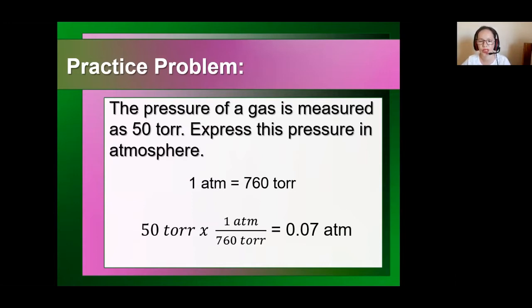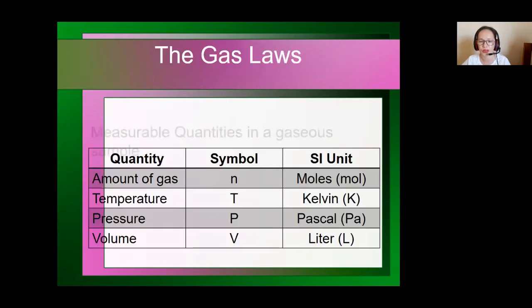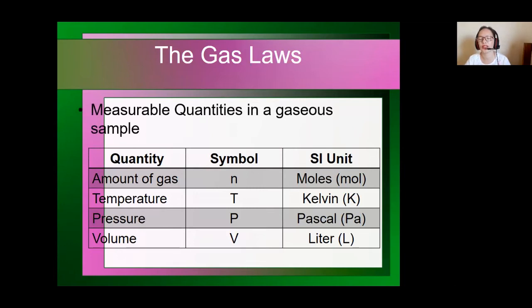After learning how to convert units in pressure, in understanding the behavior of gas laws, which is stipulated in the KMT or the kinetic molecular theory, we have to familiarize ourselves with the important quantities for gases. First, amount of gas, which is represented by mole, the SI unit for that.